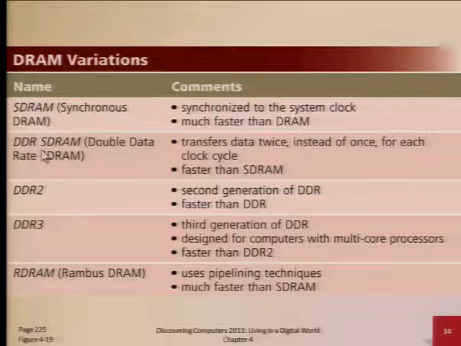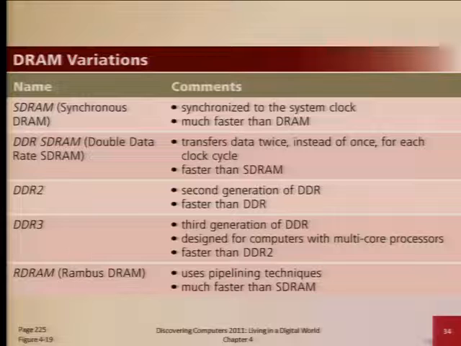Next is DDR. DDR stands for double data rate. That means it's 2 times. For each clock, the RAM will be able to transfer 2 bytes, so that is 2 times the speed. And then we have DDR2, the second generation of DDR, and DDR3, the third generation.